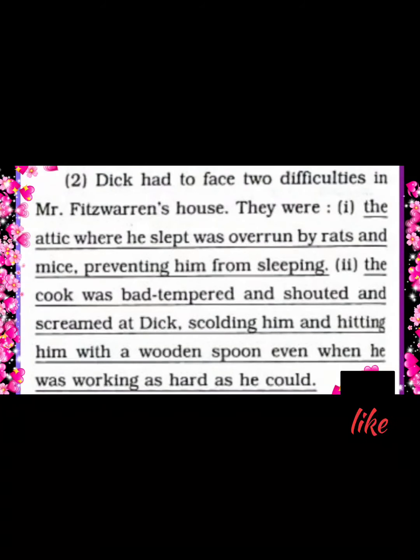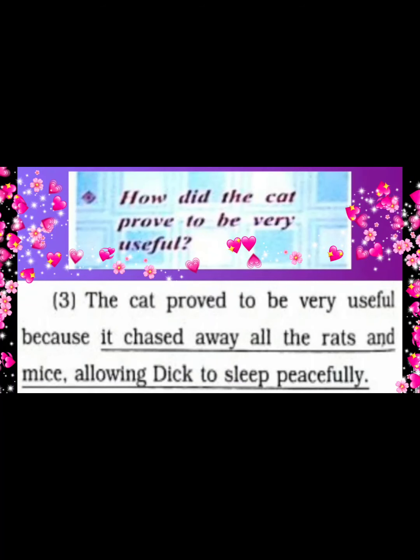And the second one was the cook was bad-tempered, who always used to shout, scream, scold and hit him with a wooden spoon even though he was working so hard, as you remember. Okay. Next is, how did the cat prove to be very useful? It proved to be very useful because it chased away all the rats and mice, allowing Dick to sleep peacefully.